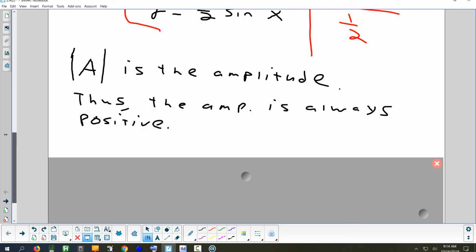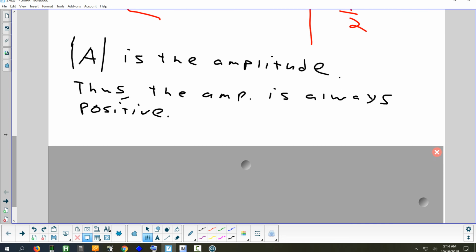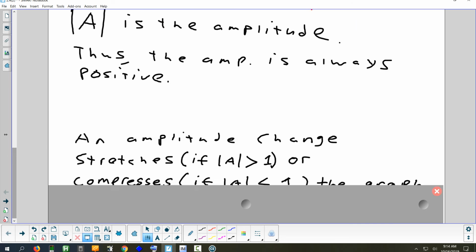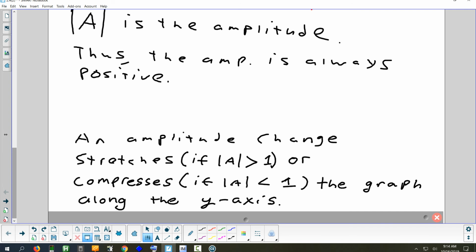So I already said this to you. Because we're taking absolute value, amplitude is always a positive number. So two different things can happen here. We're changing it up and down. Okay? Up and down. If the number in front is bigger than 1, that's going to cause your graph to stretch.